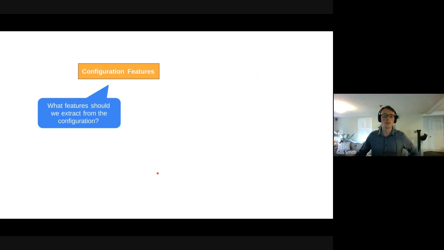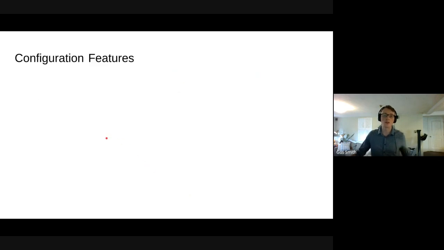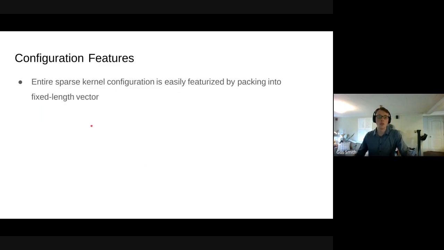So let's begin with the configuration features. This is fairly straightforward. The sparse kernel configuration is pretty easily featurized, meaning converted to a format that can be put into a neural network to produce an inference, by just packing the configuration into a fixed-length vector.